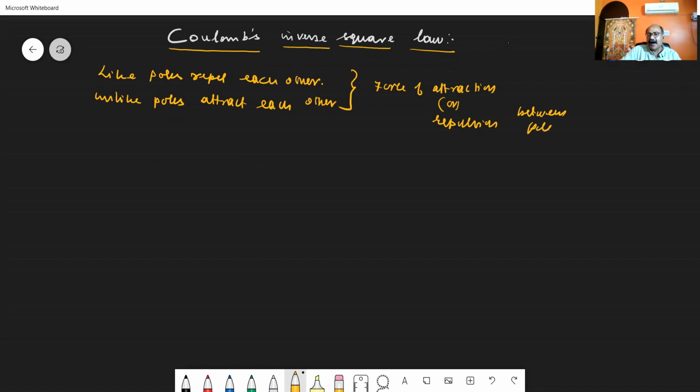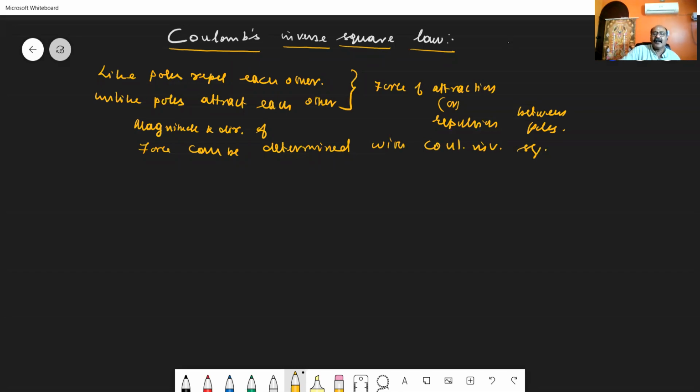So between the pole strengths, there is a force of attraction or a force of repulsion. The magnitude and direction of this force can be determined with the help of Coulomb's inverse square law.